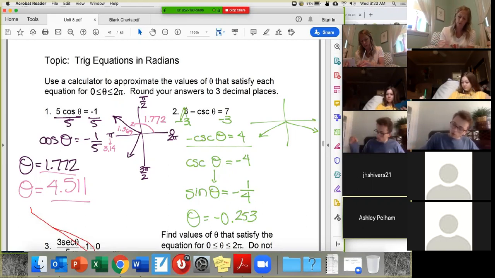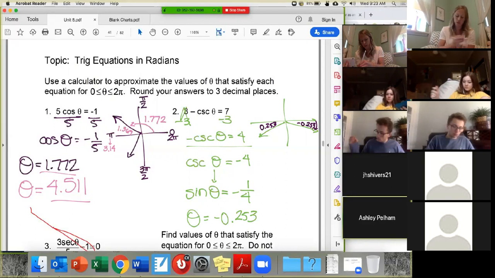The 4th quadrant one. Okay, because we've talked about it a little bit now. Anytime your calculator gives you a negative answer, it's going to be the 4th quadrant one. -0.253. That is also my reference angle, just the positive version of it. So I'm going to transfer 0.253 over there as my reference angle in quadrant 3.